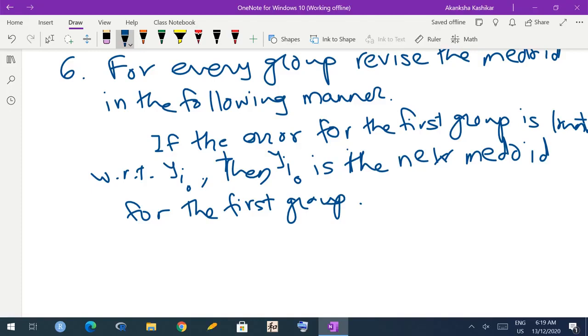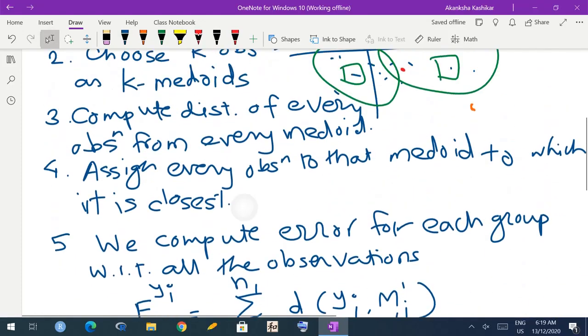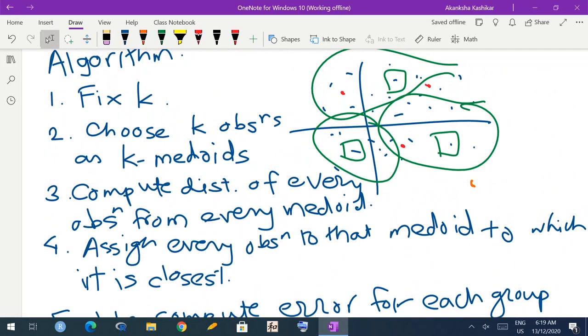Once you get all the new medoids, you have to repeat the procedure. So again you have to compute the distance of every observation from every medoid.